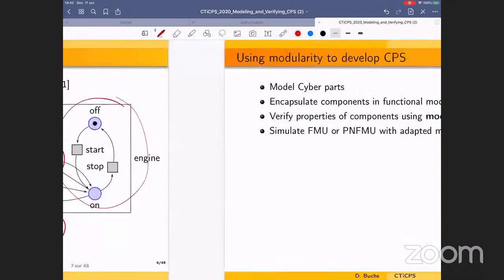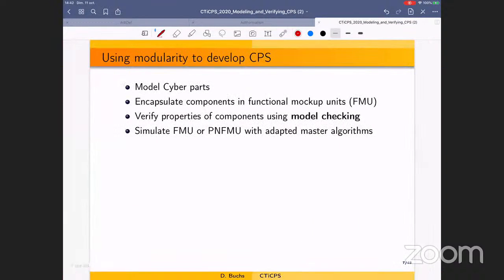Okay, so for the modeling, I don't want to do much more. I would like now to look a little bit at how to use the modularity in cyber physical systems. The idea is to model the cyber parts and encapsulate them in functional mockup units. This was already mentioned yesterday.